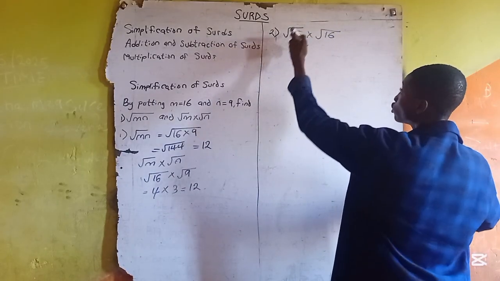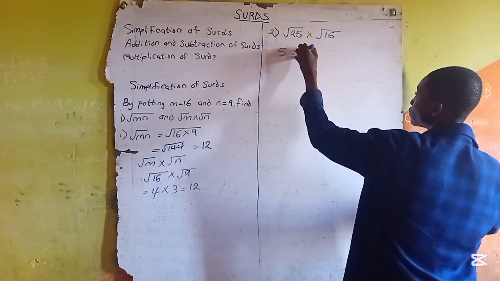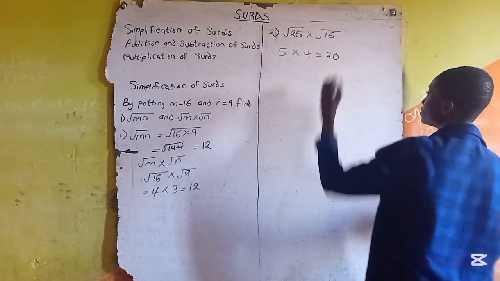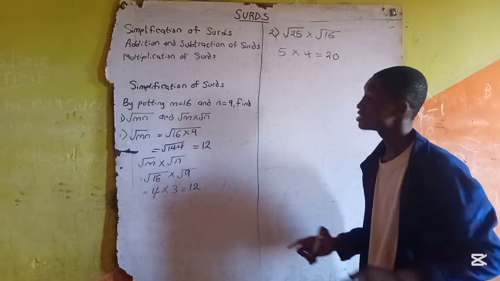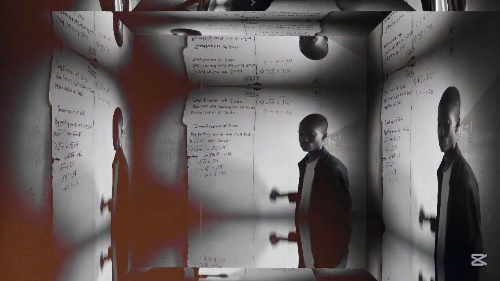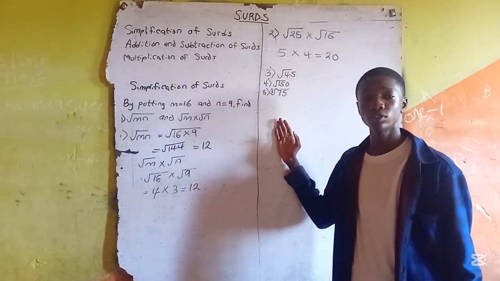It will just be the square root of 25, which gives us 5, multiplied by the square root of 16, which gives us 4, equals 5 times 4, which is 20. So that's how to solve for the simplification of surds. These are further examples on the simplification of surds.